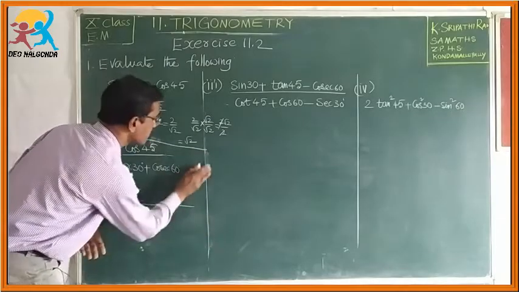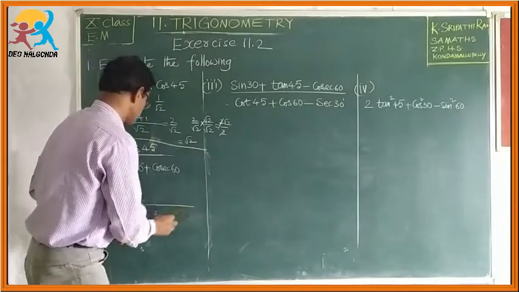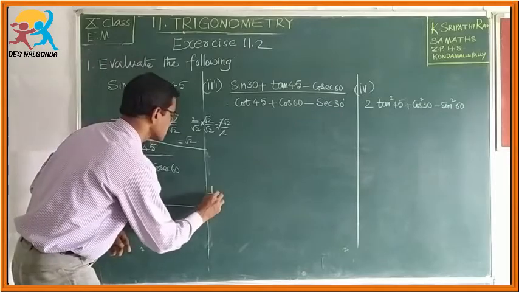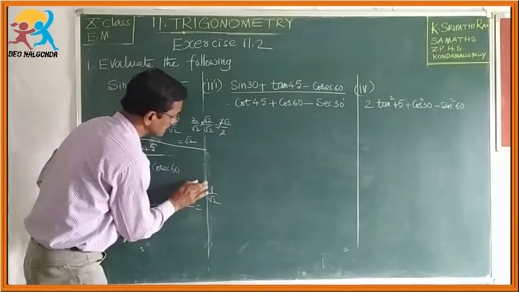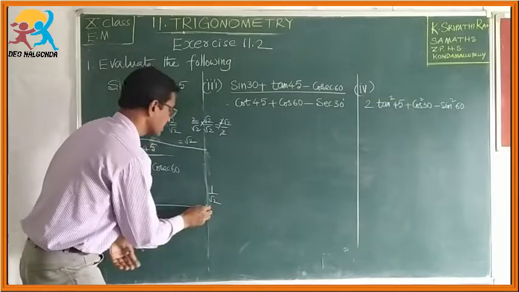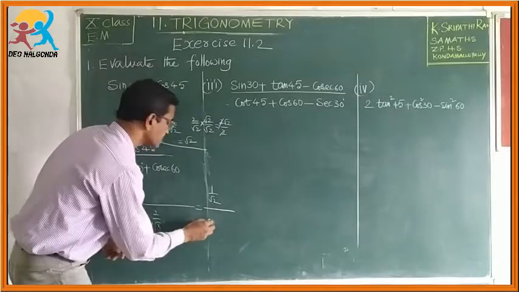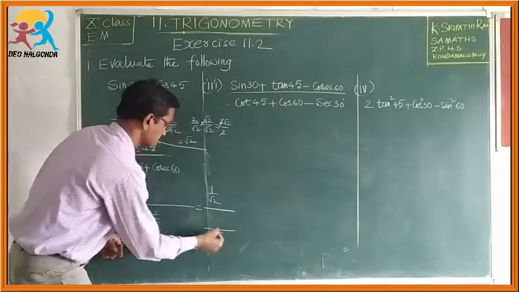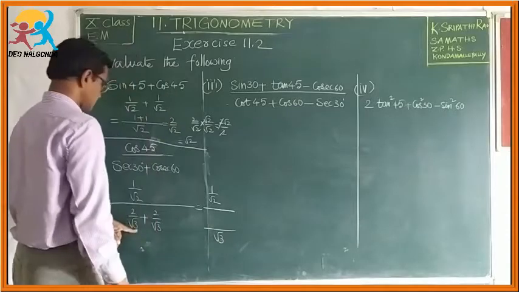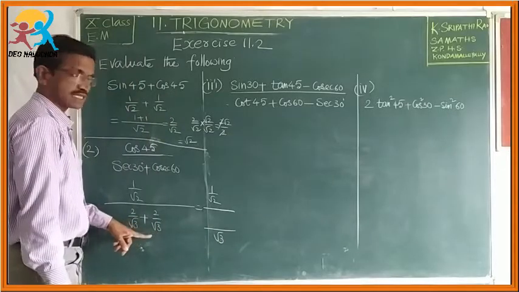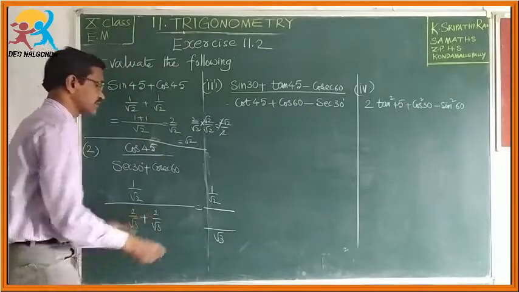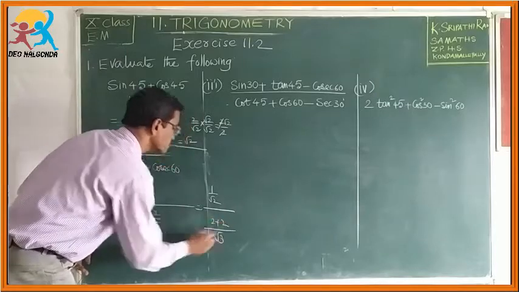Now, let us solve this problem. 1 by root 2, write it as it is, 1 by root 2. Then here root 3 is the common denominator, because like fractions we can add the numerators directly, 2 plus 2.